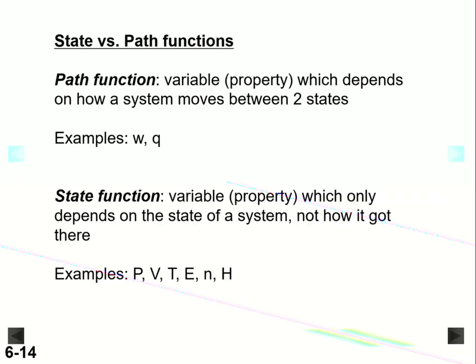Up above are path functions. Path functions depend on how you move between two states. So a simple example might be you walk from your dorm room to a lecture hall. The distance you travel is a path function. There are multiple ways to get there.